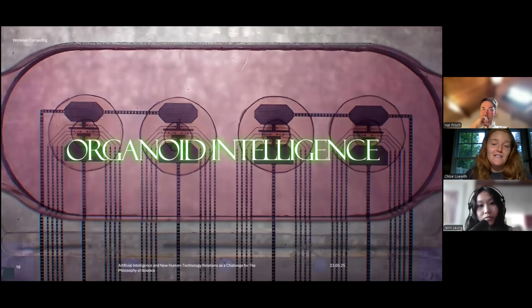So by interfacing these cerebral organoids with a high-density multi-electrode array, you get something called organoid intelligence, which are cerebral organoids themselves that are connected to the web or to a form of artificial intelligence. So brain organoids are mounted onto these multi-electrode arrays, which means they receive electrical inputs and send out electrical outputs.